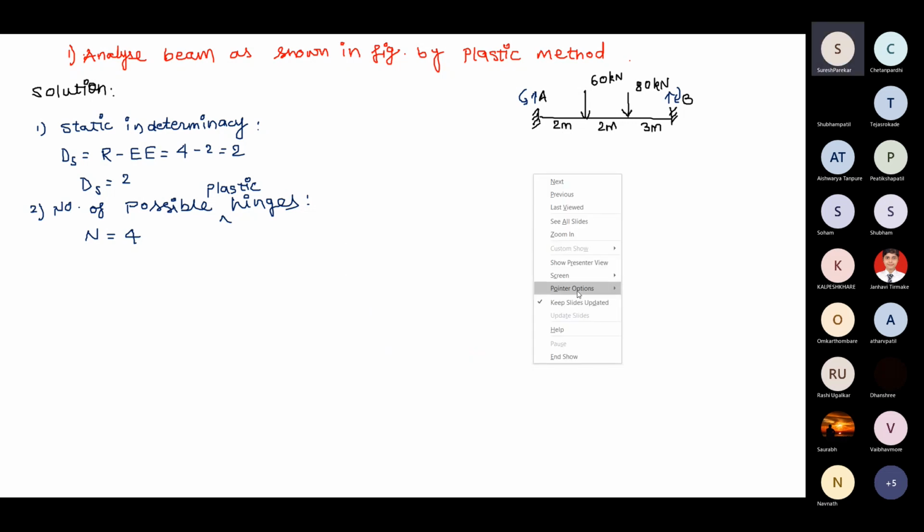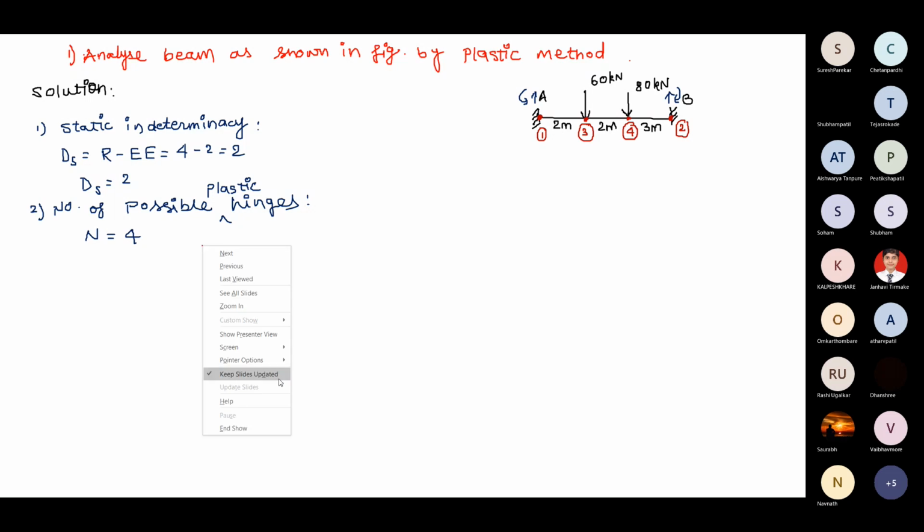So we have this as 1, 3. N equal to 4 as shown in figure.